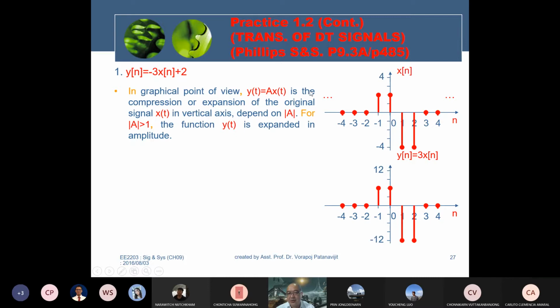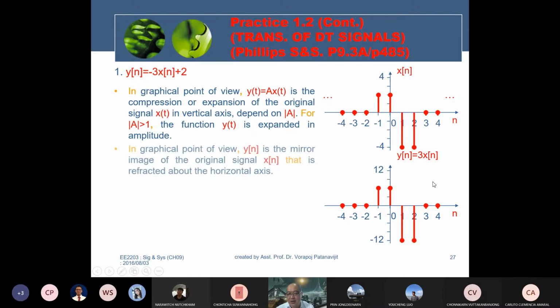You proceed for the amplitude scaling first. The next step, you proceed for amplitude reversal. Minus represents the reversal. In the graphical point of view, y[n] is the mirror image of the original signal x[n], that is reflected about the horizontal axis. We flip with respect to the horizontal axis.